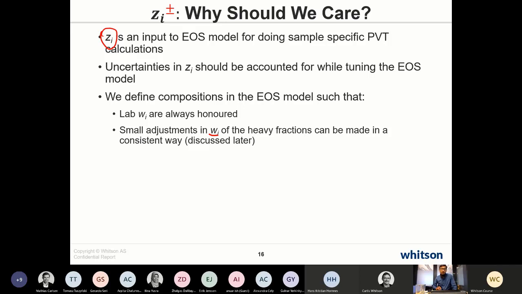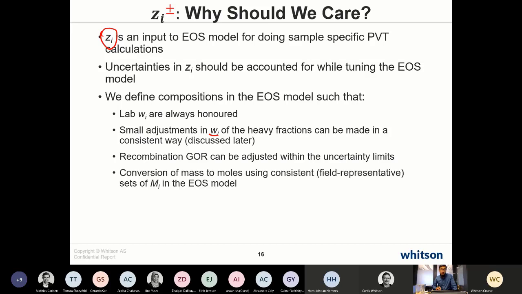And that's something we will discuss later. We also allow small adjustment in the recombination GOR within the uncertainty limits we have. That alters the total composition slightly from the lab reported data.